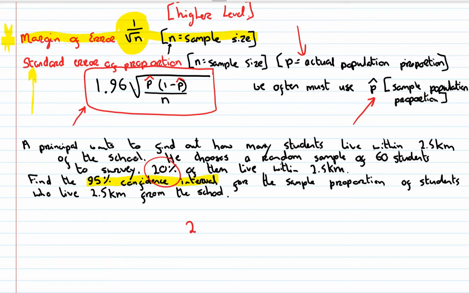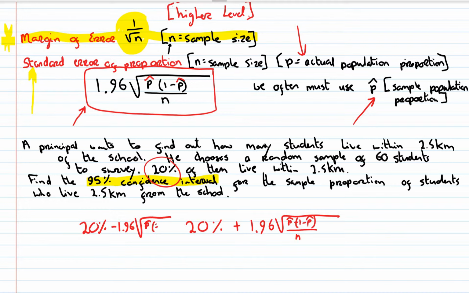Right, so here's how I'll set it up. I'll go 20% plus the 1.96 root p hat, 1 minus p hat, over n, and we will have the 20% minus the 1.96 root p hat, 1 minus p hat, over n, and that will be the true population.